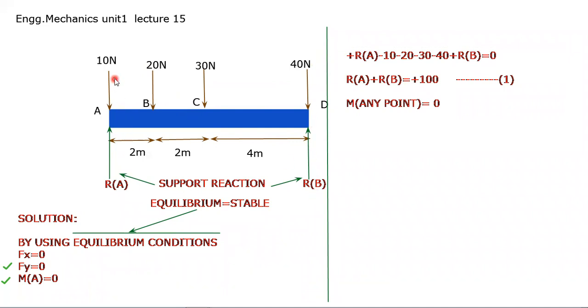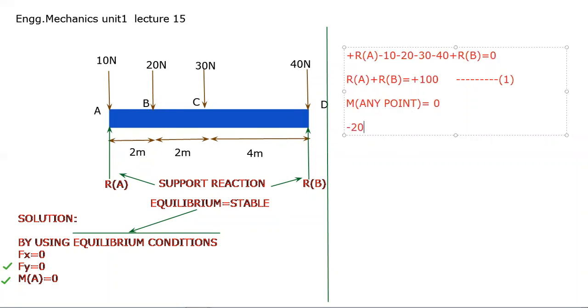Now the first two forces, that is the 10 Newton and RA, will have 0 moment at point A because they are passing through the same point. Therefore, consider the 20 Newton force, which is acting in the clockwise direction. Remember, this force is acting in the clockwise direction, so its sign will be negative.